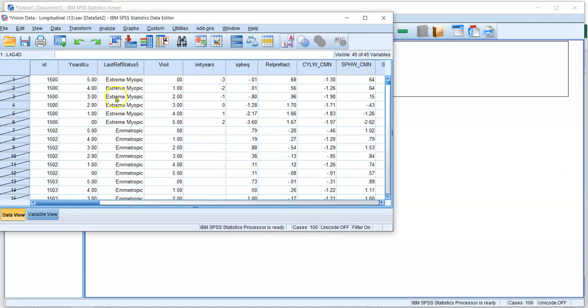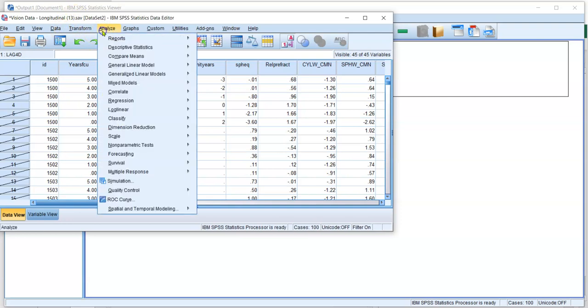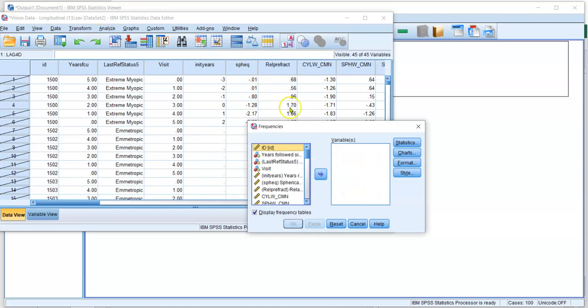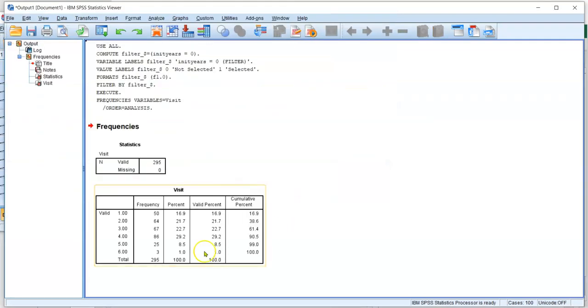How many subjects are there? We could go Analyze, Descriptive, Frequencies, and we can just look at visit. It doesn't really matter what we look at. We see we get 295 subjects, and they were anywhere between visit 1 through 6. There's also a visit 0.